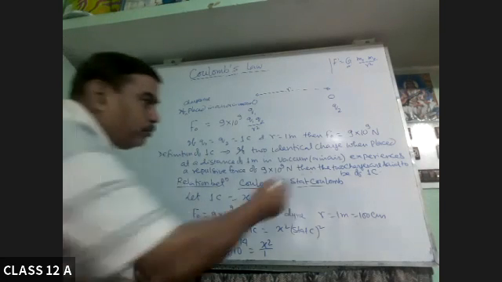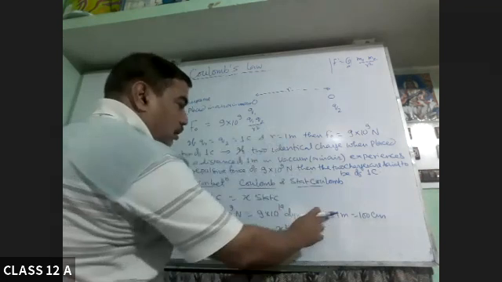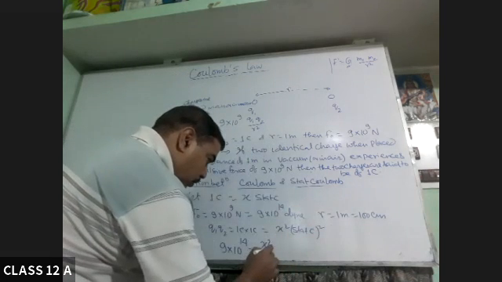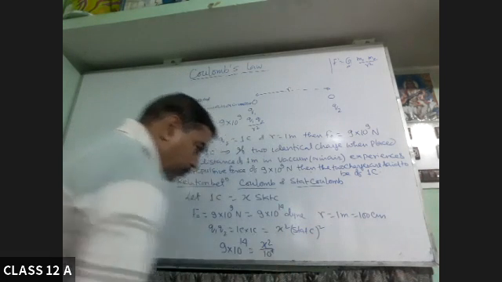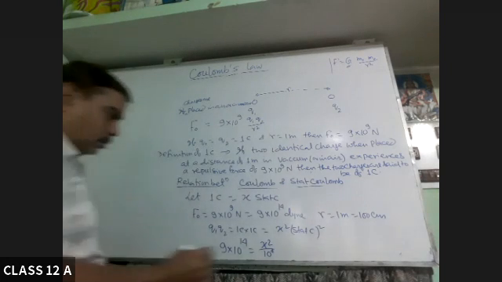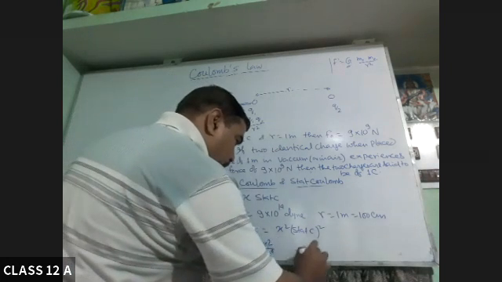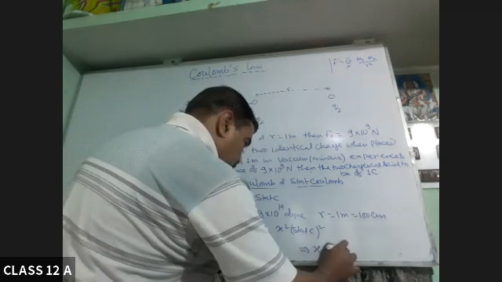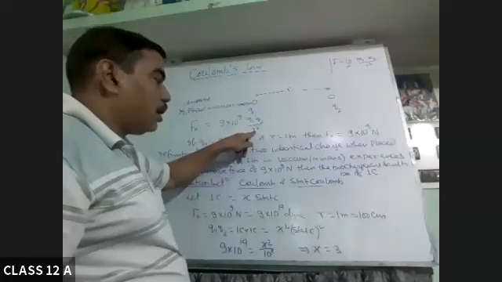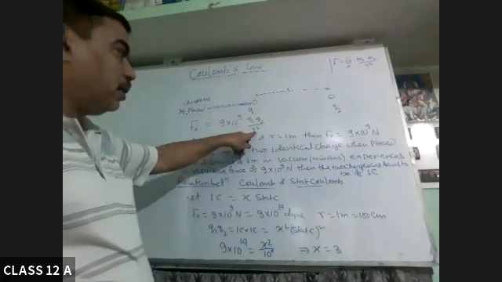No, 1 meter means 10 to the power 4. The 10 to the power 4, how is it coming, sir? This is meter square. R is 1 meter, so R square, yes.